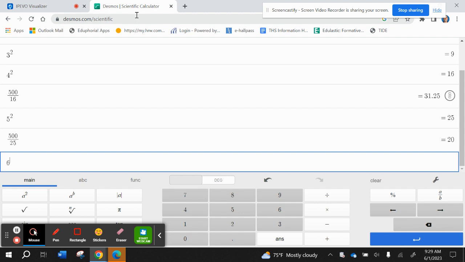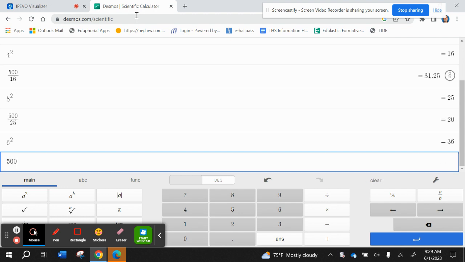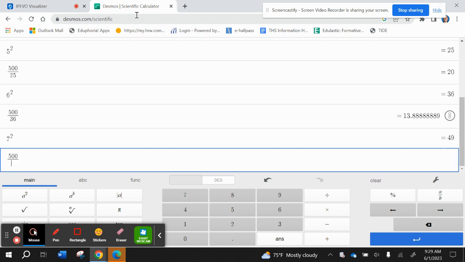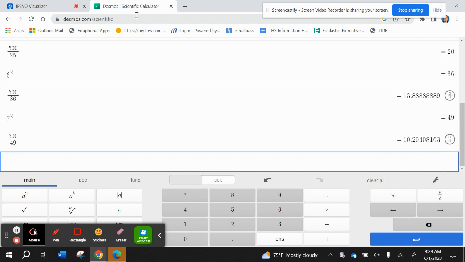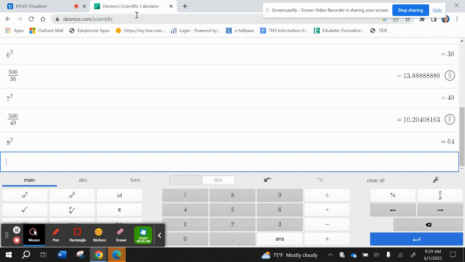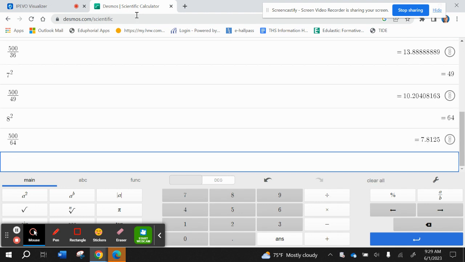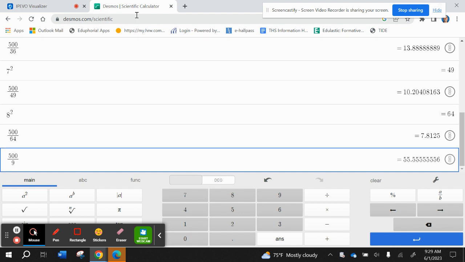6 squared. So 500 divided by 36. And then 7 squared. 500 divided by 49. Let's try 8 squared. 64. Now, it occurred to me, this works, but maybe a better way is, why don't we do this? 500 divided by 9 squared.